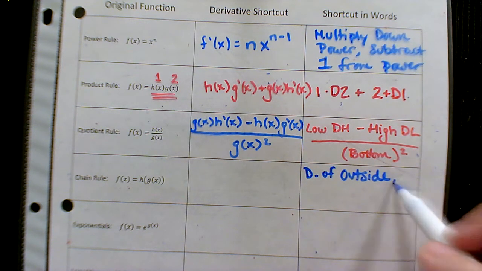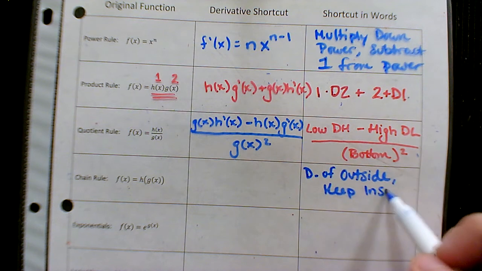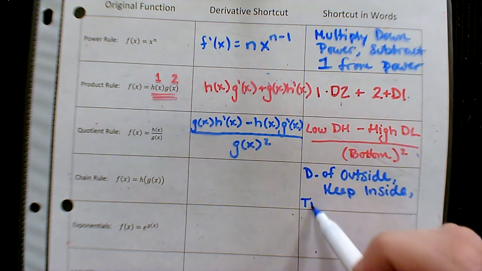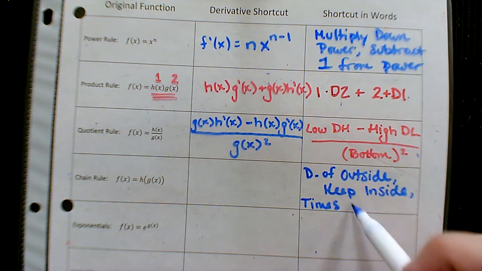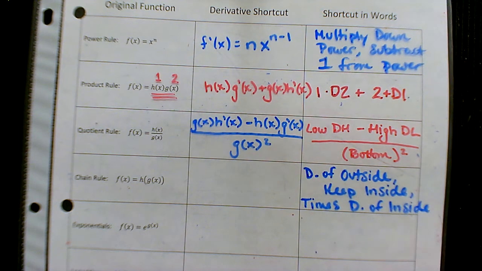Good. Derivative of outside, and then you keep the inside. And then multiply by whatever is the derivative of the inside. Okay, so we keep taking derivative of these layers one at a time. But as we're taking the derivative of the layers, we keep the inner layers because we haven't really touched or used them just yet.